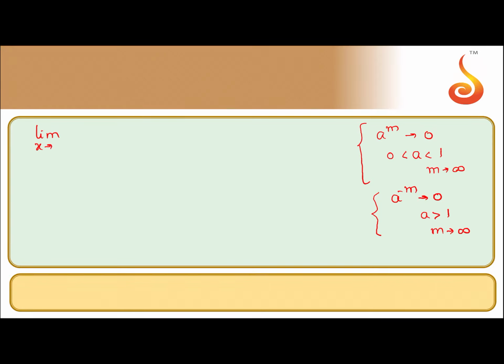x tending to 1 minus means x is a fraction, m tending to infinity. So x to the power m f of x plus hx plus 1 whole divided by 2x to the power m plus 3x plus 3. Just now we discussed.